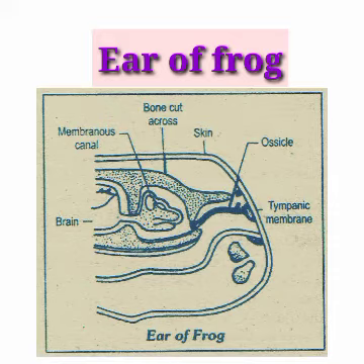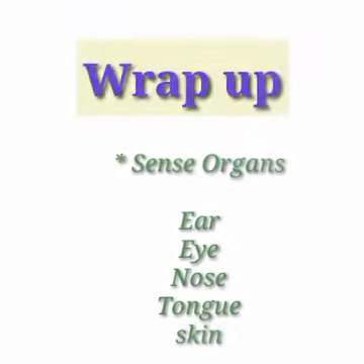It is set into vibration. It in turn vibrates the internal ear, and thus sound waves stimulate the hearing receptors in the inner ear. In addition to hearing, it also keeps the balance of the body.